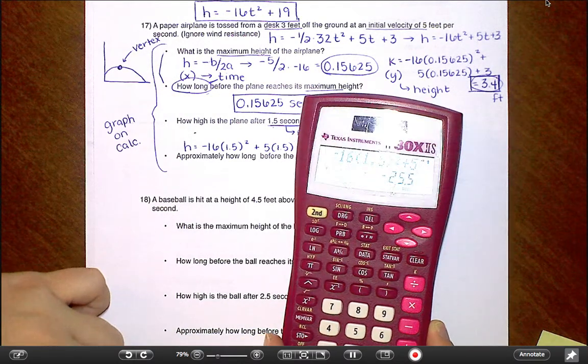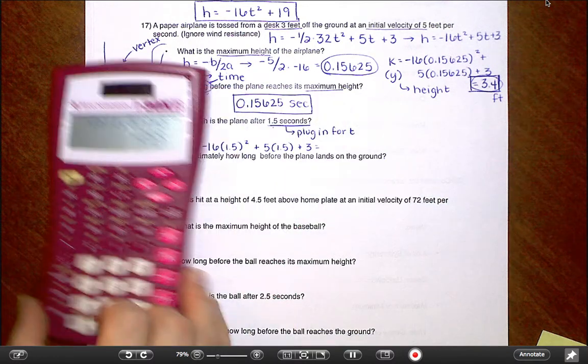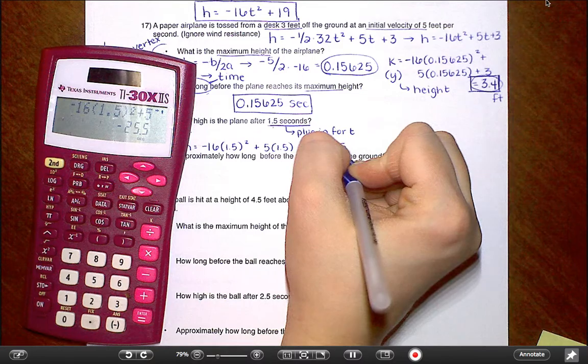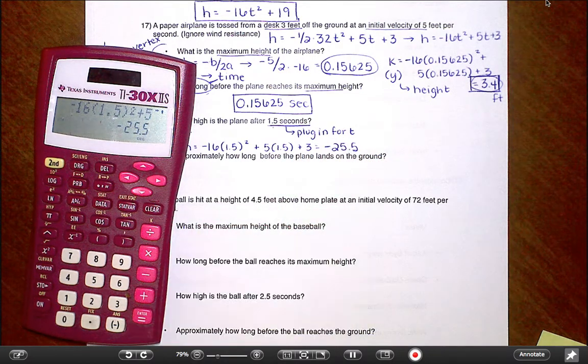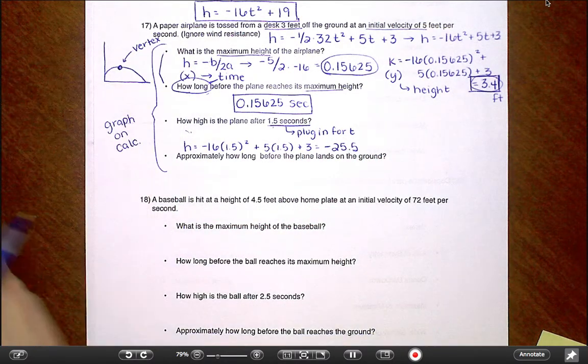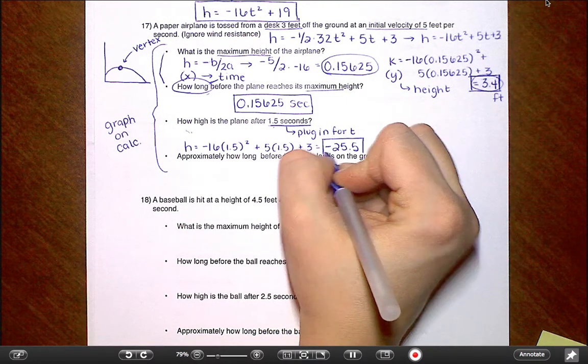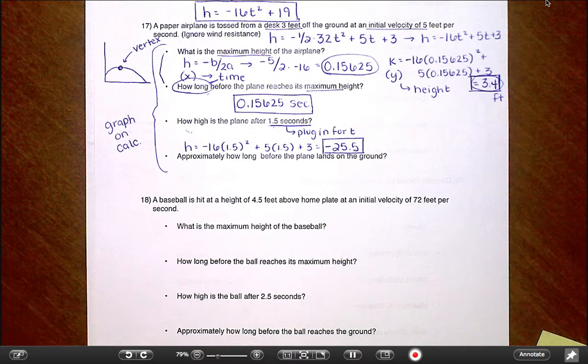This is the part that gets a little dicey. As an answer, I get negative 25.5. Let's think about why that answer doesn't make sense. I'm going to box it in because that is the correct numerical answer, but it's not a logical question.